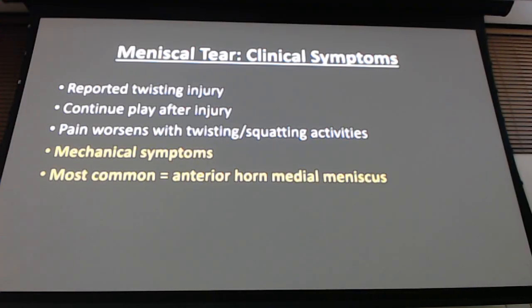And then what was the other one? ACL, right? So then you do your anterior posterior translation. I teach this anterior posterior. I know your book says anterior, but we'll get there. And Lachman's, what's the most sensitive? Lachman's, right? So then I do a Lachman's test, and I'm like, ooh, I think I got an unhappy triad. Make sense?